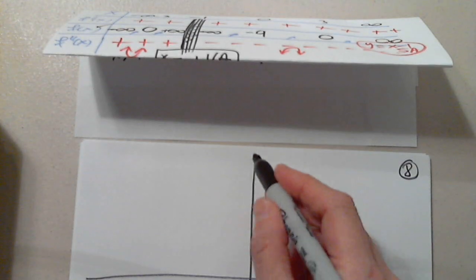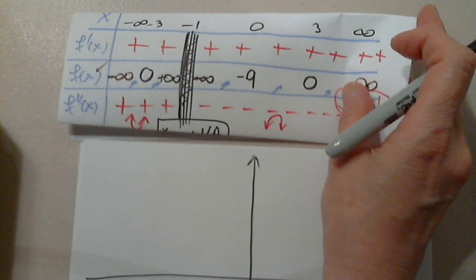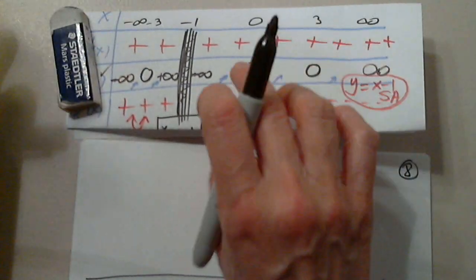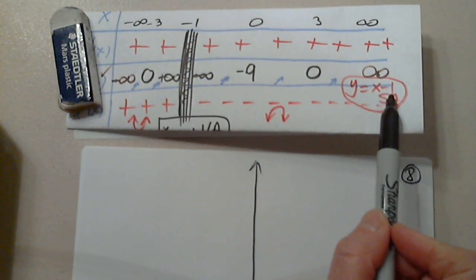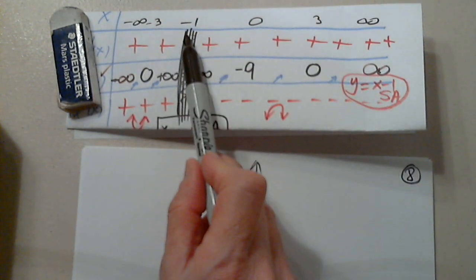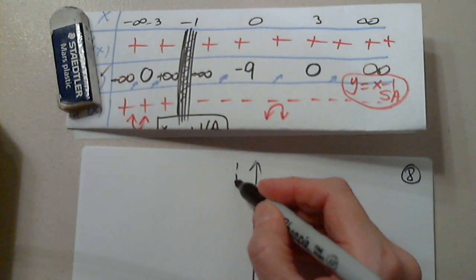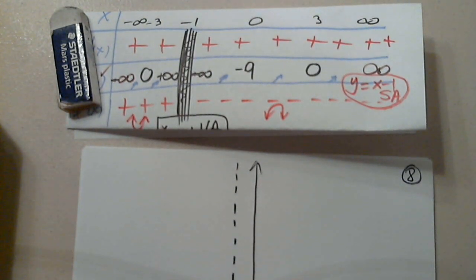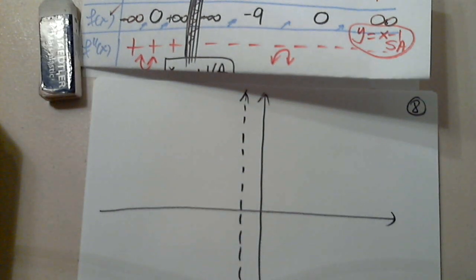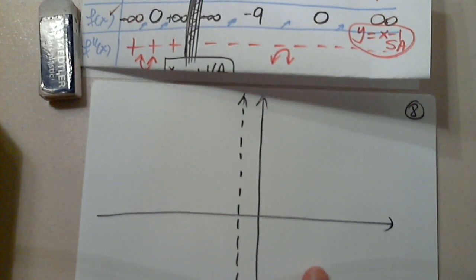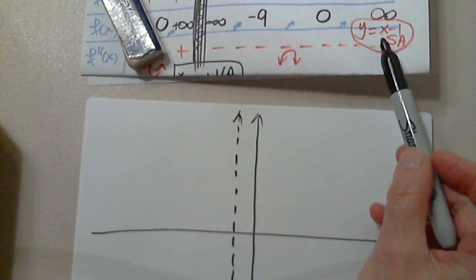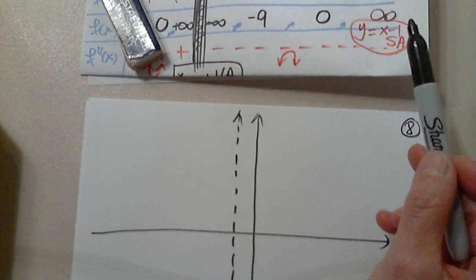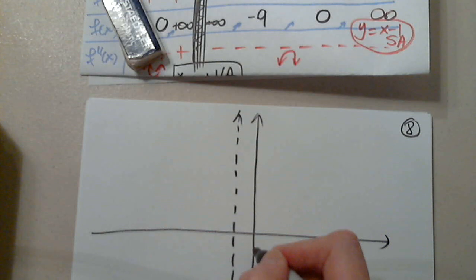First, I have to graph the asymptotes. This function has two asymptotes. It has x minus 1 as the slant asymptote, and it has x equals -1. In order to graph this, when x is 0, y is -1.